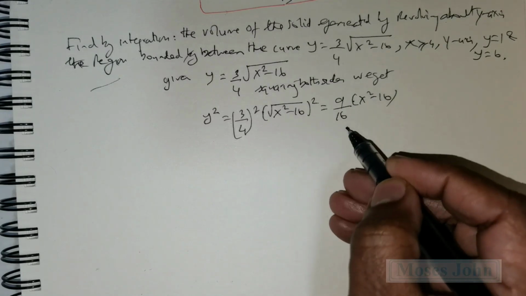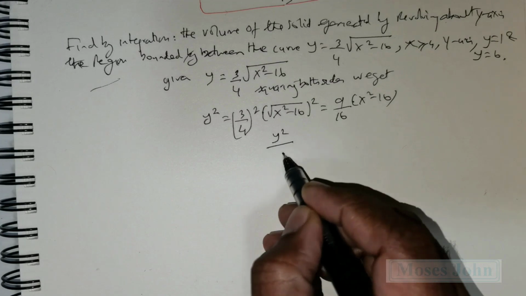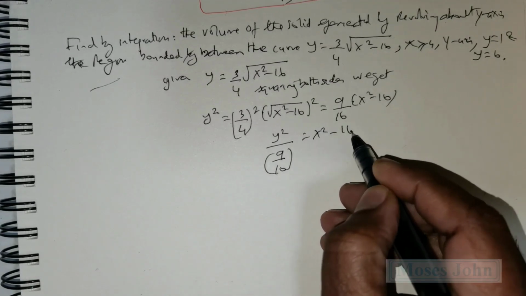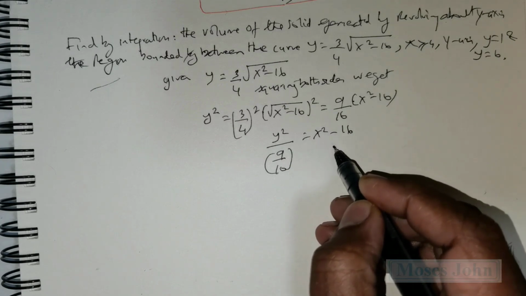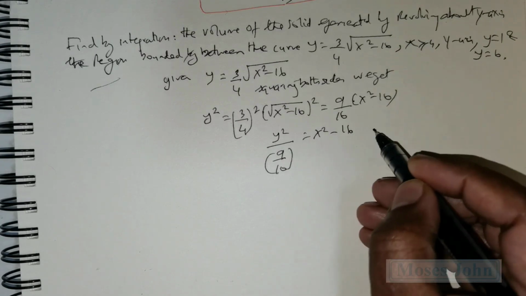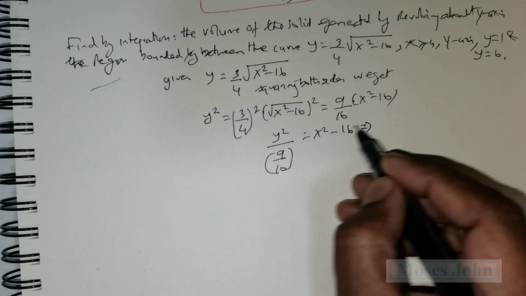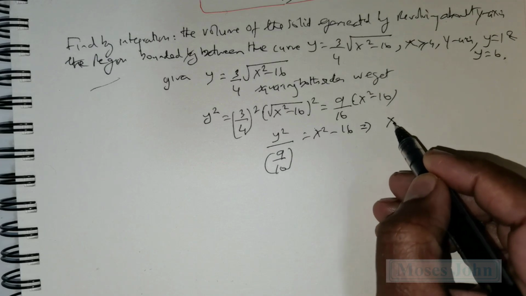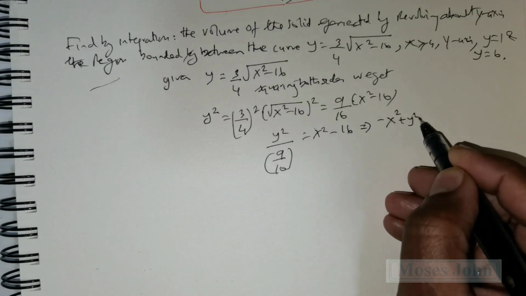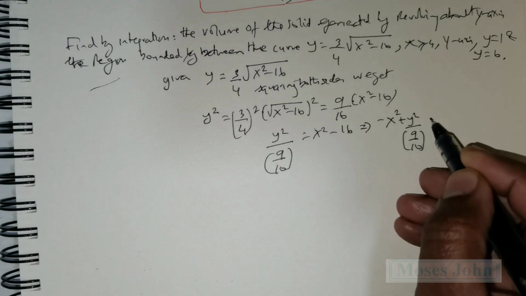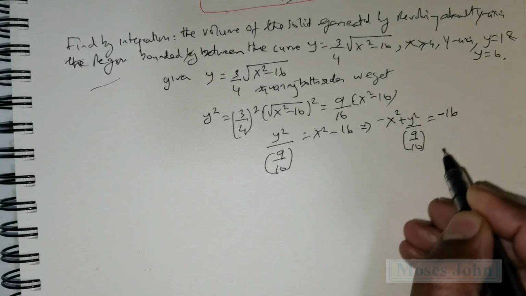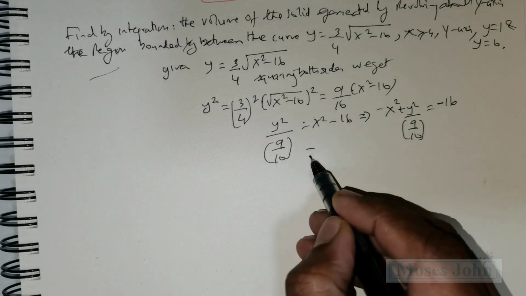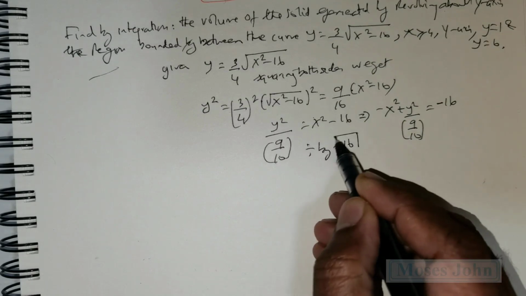If I rewrite this as y squared divided by 9/16 is equal to x squared minus 16, and then moving x squared to this side, it would be minus x squared plus y squared divided by 9/16 is equal to minus 16. Now I can divide by minus 16.